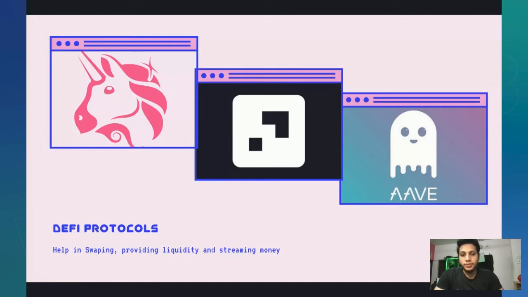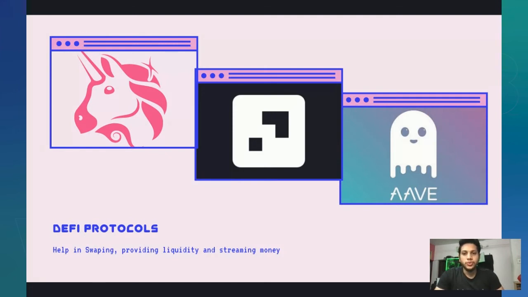Uniswap helps you provide a liquidity pool, create your own token with a pair, which can then provide value to it. And Superfluid also helps in streaming money, which was explained earlier, I believe. So, for an example, if you are watching a YouTube video or a Netflix video, I think the biggest way that Superfluid would help is obviously you pay for the entire month subscription of Netflix, but a great value addition would be that you pay for only what you watch.